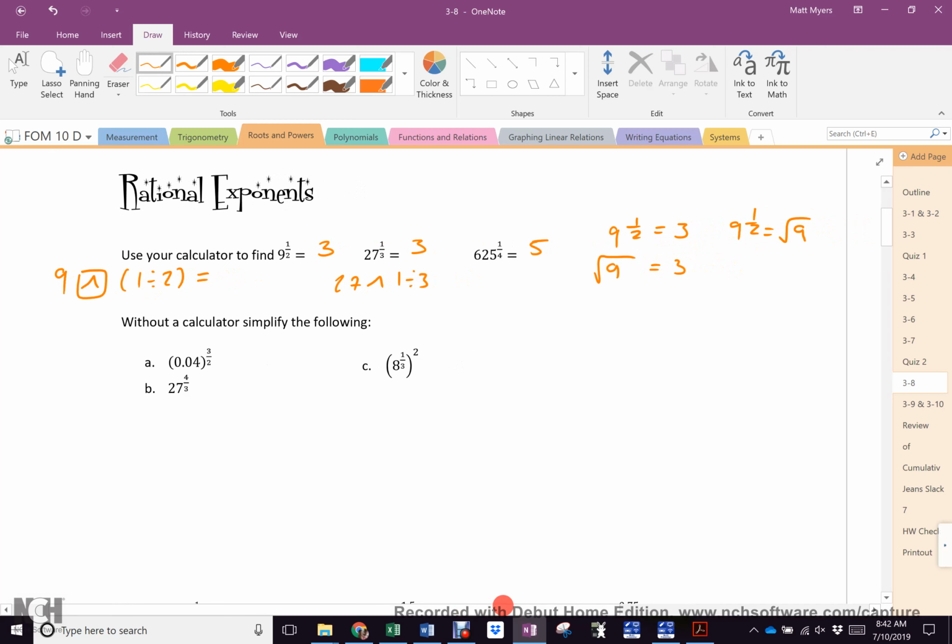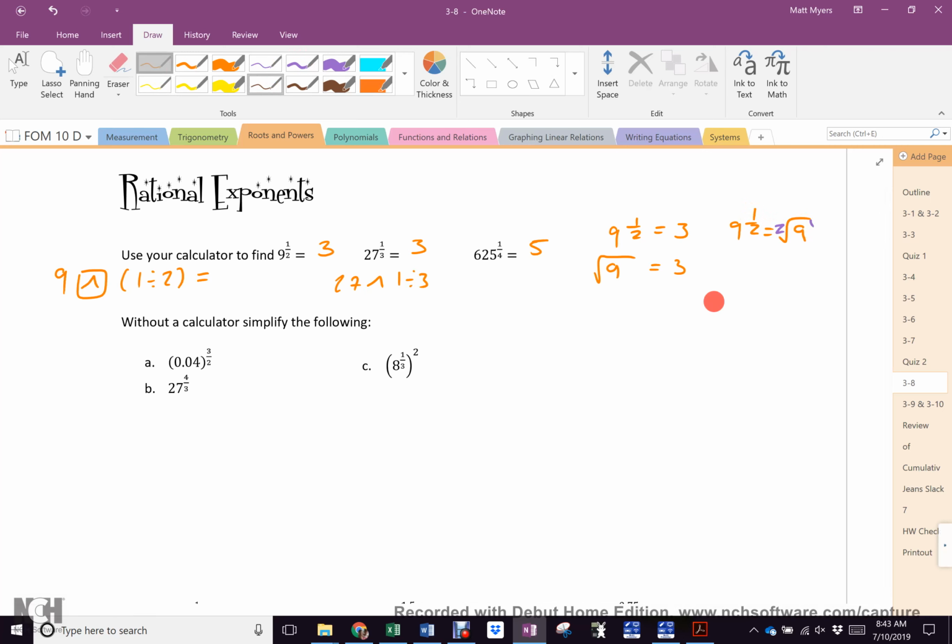Now, what does that mean for you? What little number should be written right there that isn't? 2. What power should 9 have is the power that we never write? 1. Notice, 1, 2, 1, 2. Can this be so?